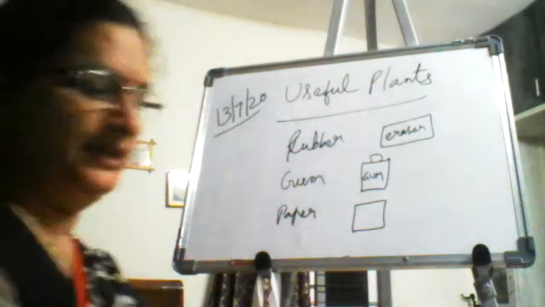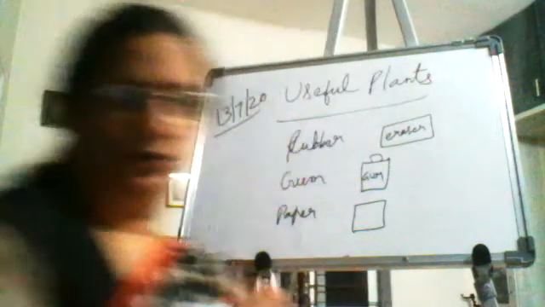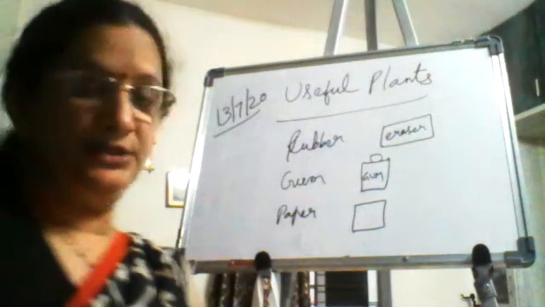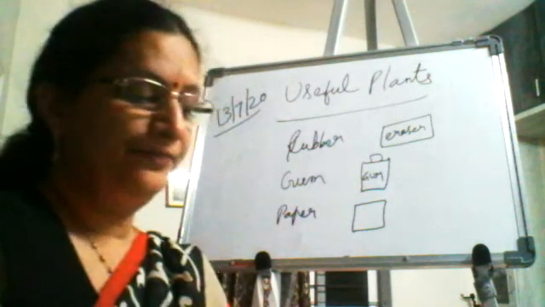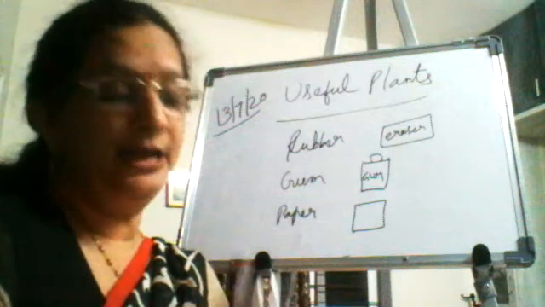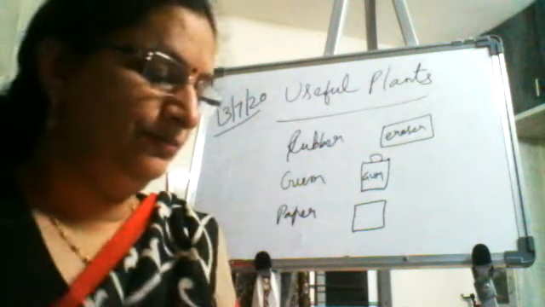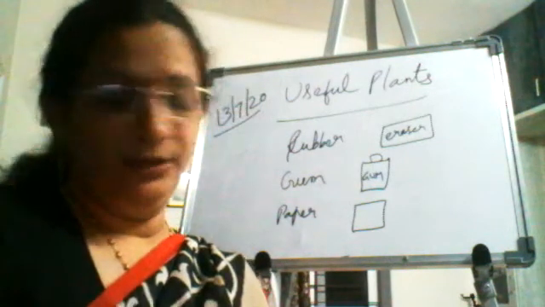That we have seen in the non-green plants. So that is always understood. How the plants which are dead in the soil, they become the manure and they help the plants to grow. So this is how we have other uses of plants.